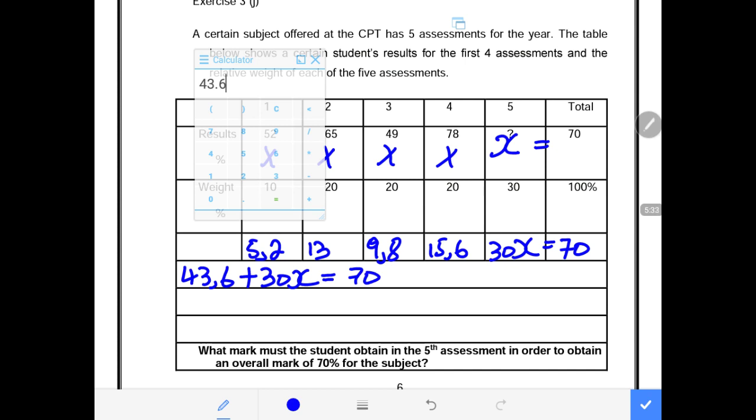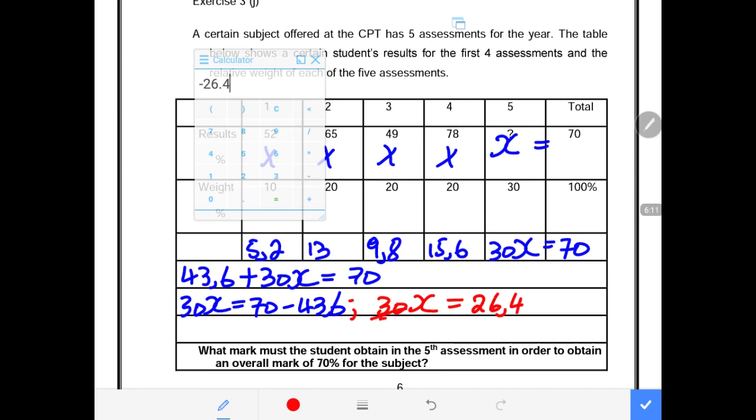Then we take the like items on the same side, and we'll be left with 30x equals 70 minus 43.6. How much do we get? We get our answer, 30x equals 26.4.